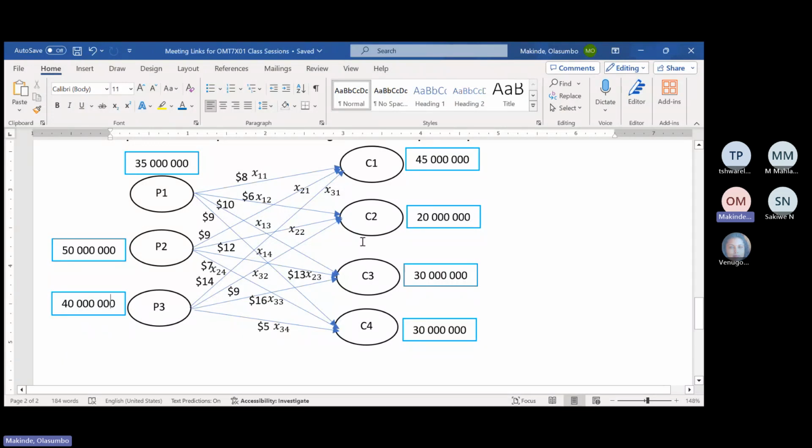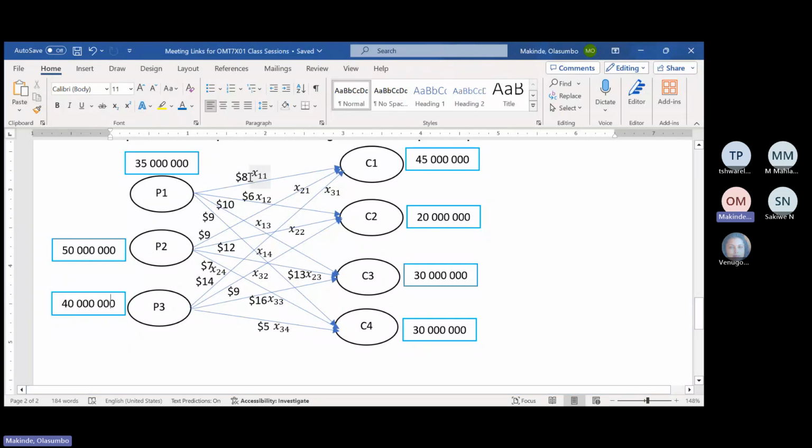So now it's easy for you to write the mathematical expression of your objective function, because what we want to minimize is the total cost of shipping from plant 1 to city 1, plant 1 to city 2, plant 1 to city 3, plant 1 to city 4, then plant 2 to city 1, like that, up till plant 3 to city 4.